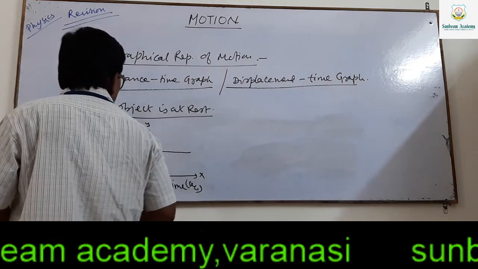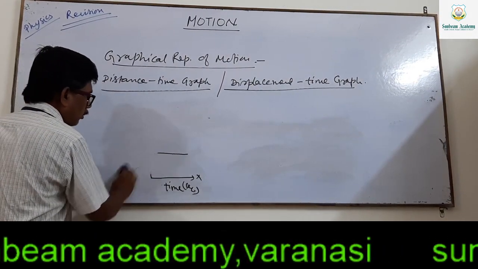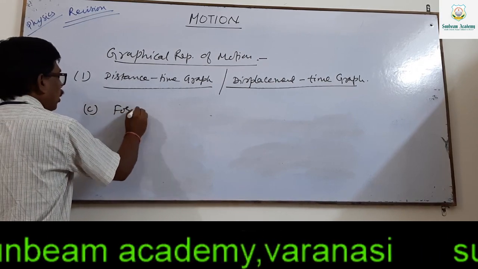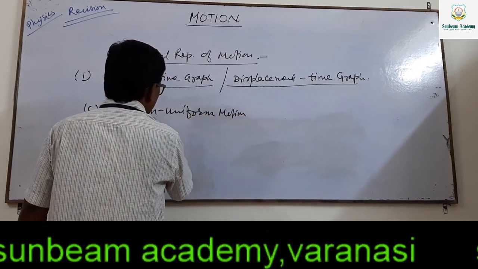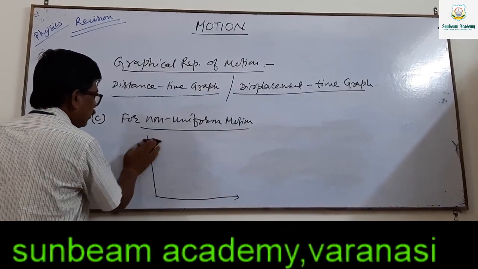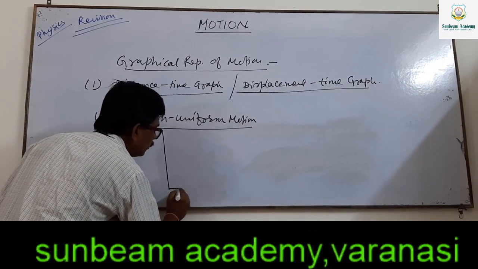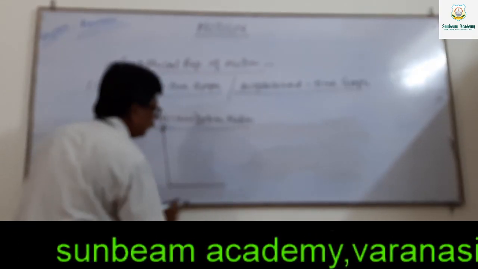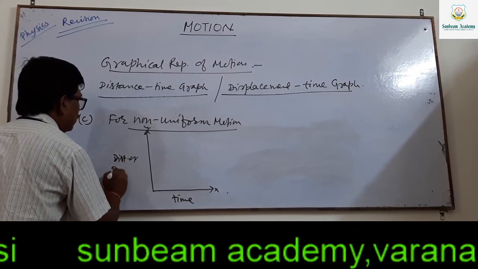Now the third case is C, for non-uniform motion. Here we write time and distance or displacement.